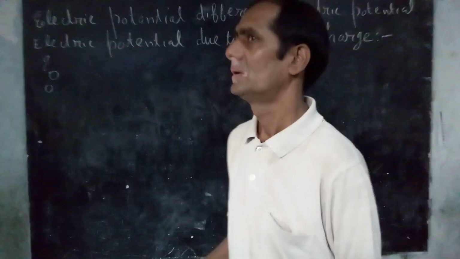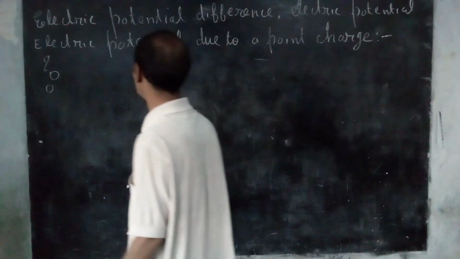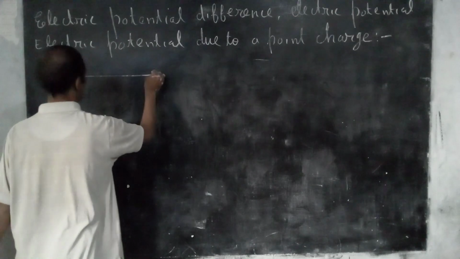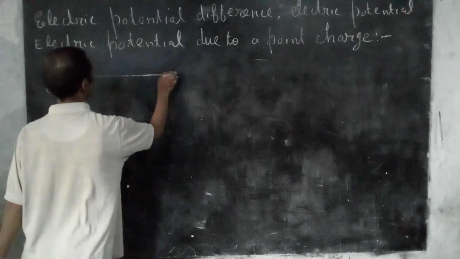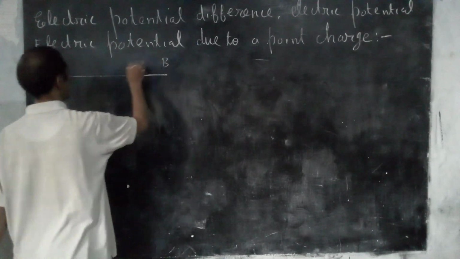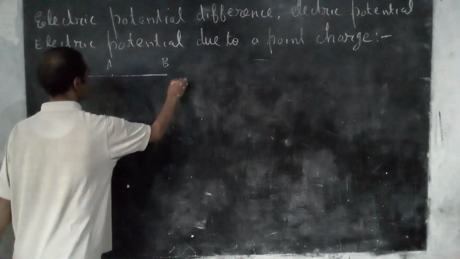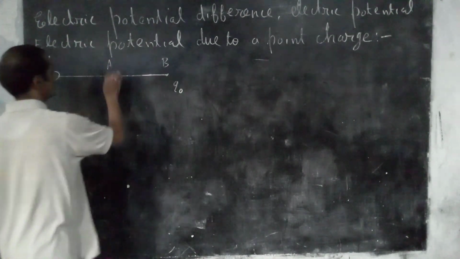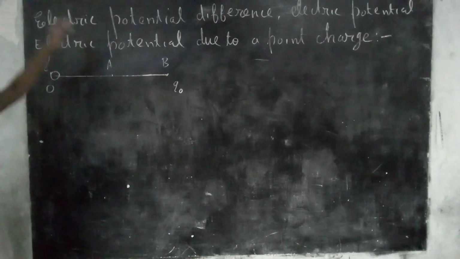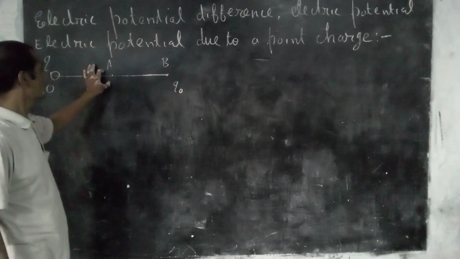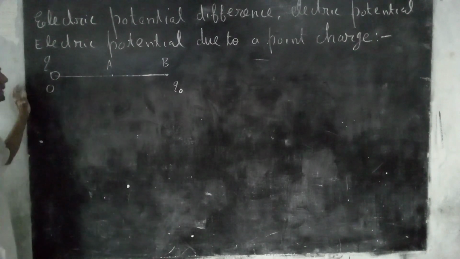So let a test charge be placed at point B, and we bring the test charge Q0 from B to A. When we carry charge Q0 from B to A, we do some work.